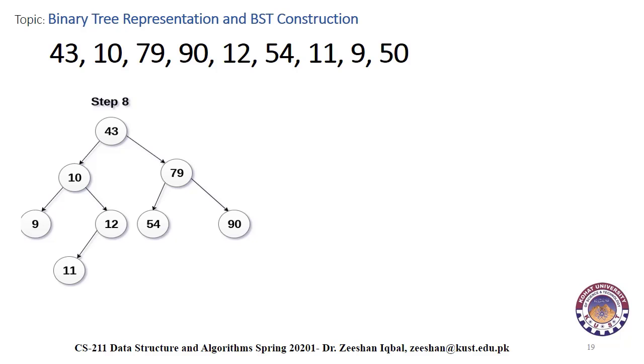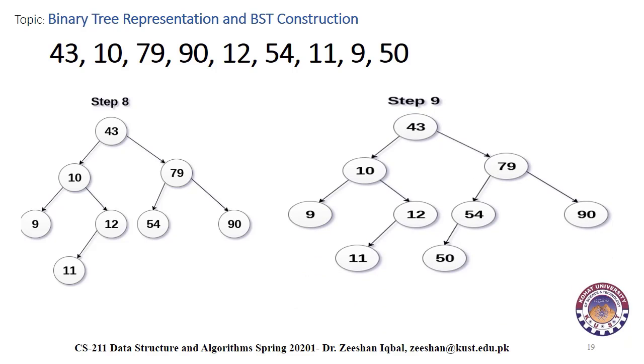The left side contains a value 54. 50 will be again compared with 54. Again 50 is less than 54. So 50 will be placed as the left child of 54. This is how we can construct a binary tree by simply comparing from the root node and moving along the path depending upon the smaller or greater value.